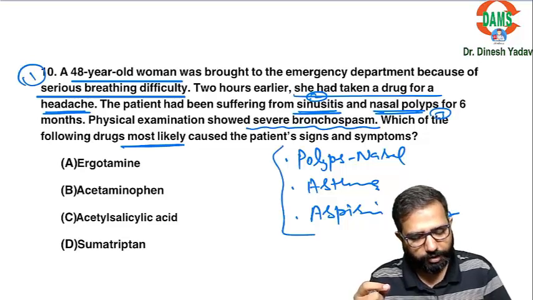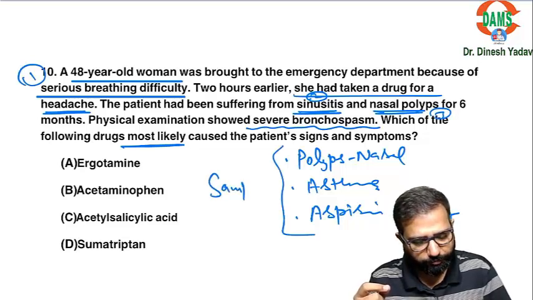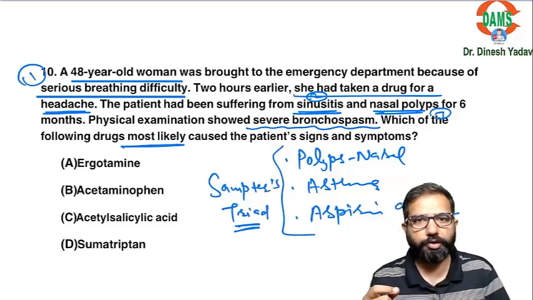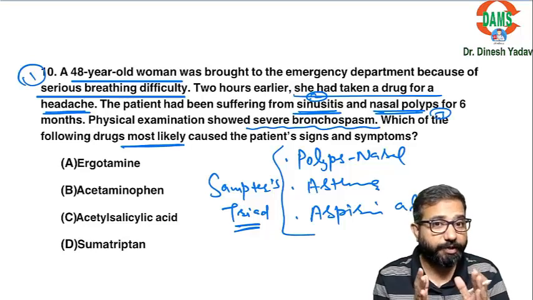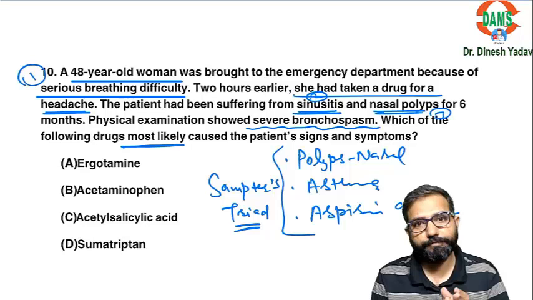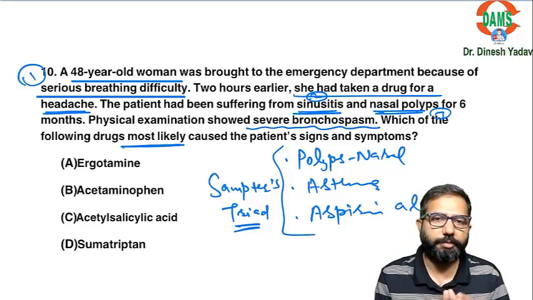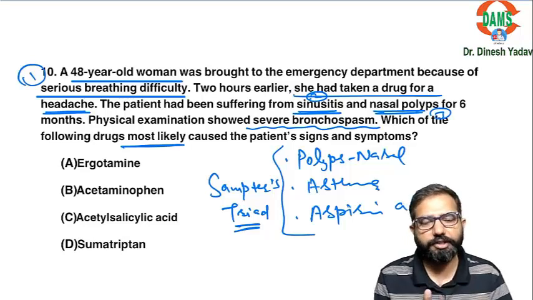These three are called Samter's triad. What are the three important things? Nasal polyps, asthma, and aspirin allergy.